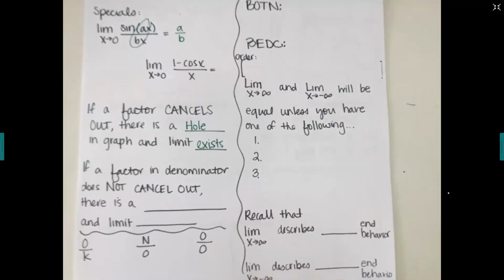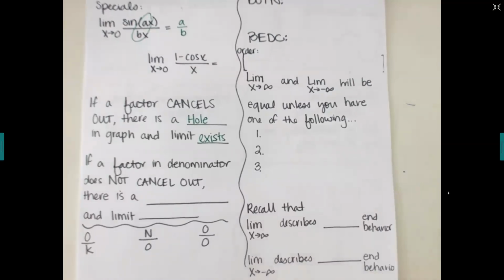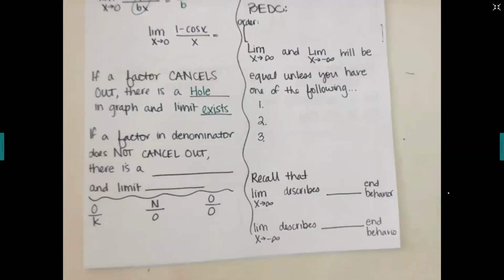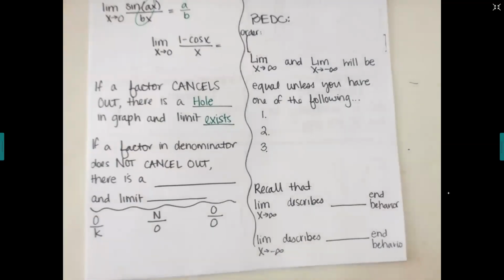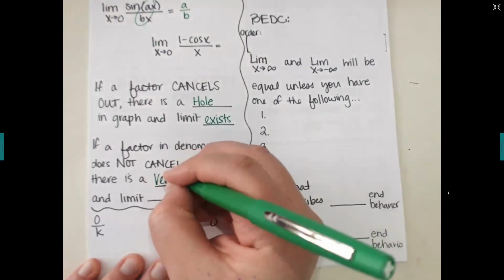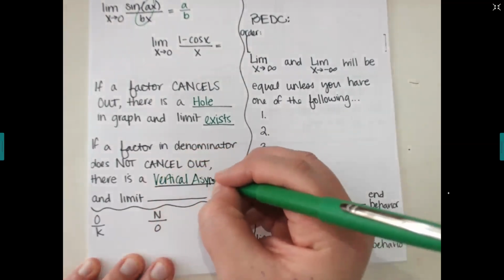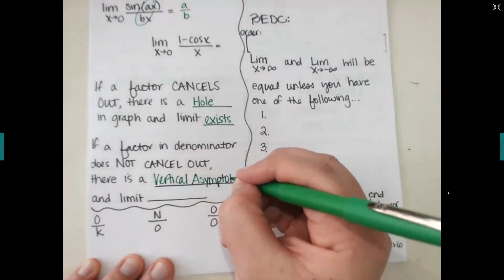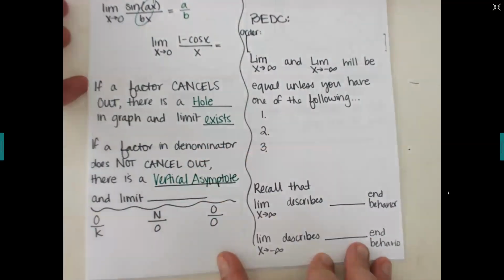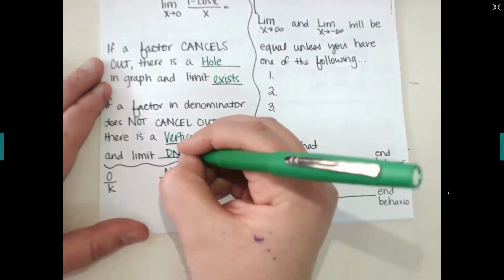However, if you have a factor that does not cross out, do you remember what happens in the graph there? Very good. There's a vertical asymptote there. So if it does not cross out, you have a vertical asymptote. And remember that vertical asymptotes aren't fixable, so that would indicate that your limit does not exist.